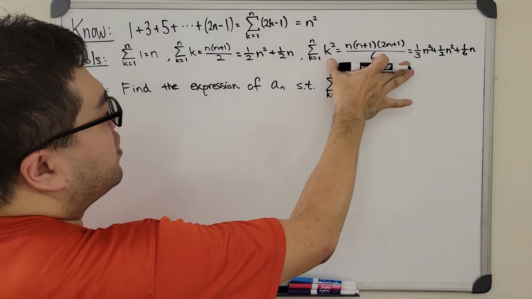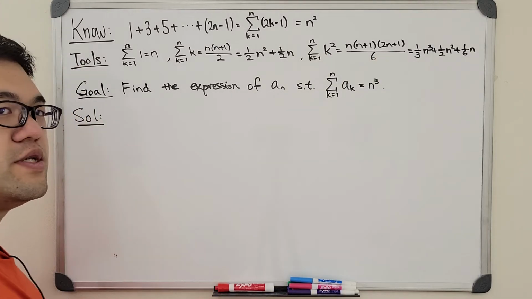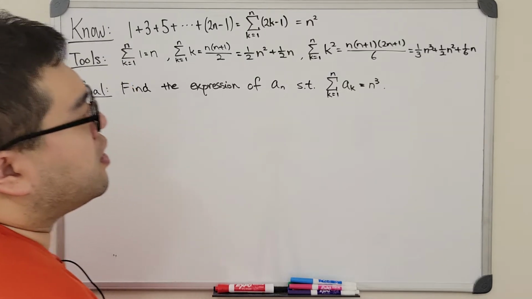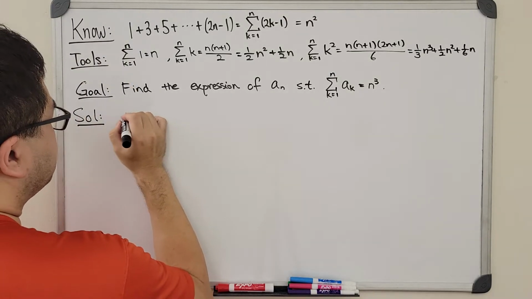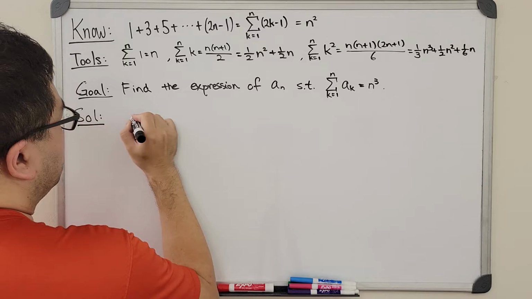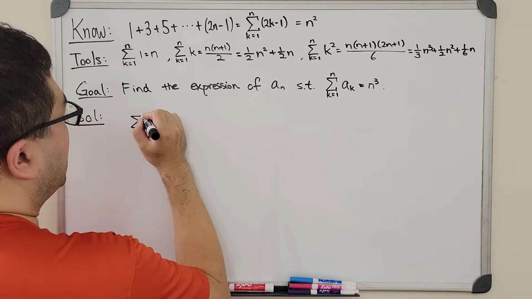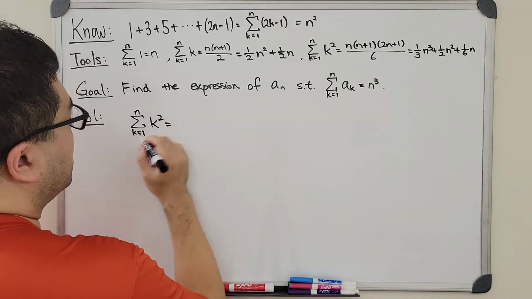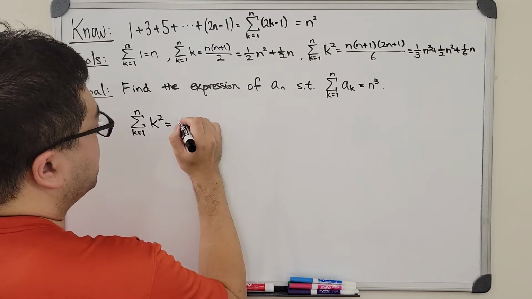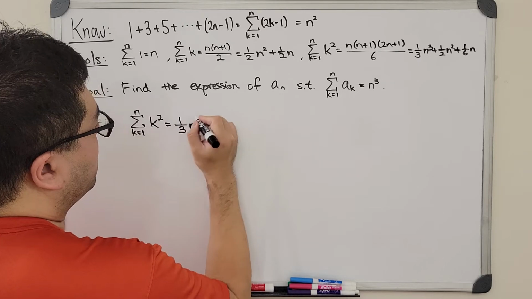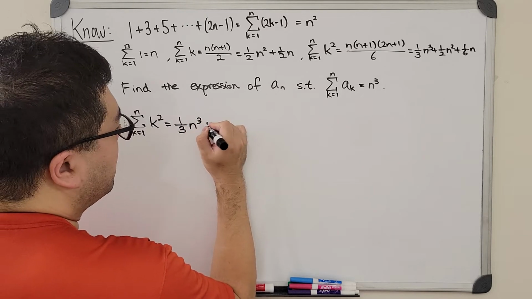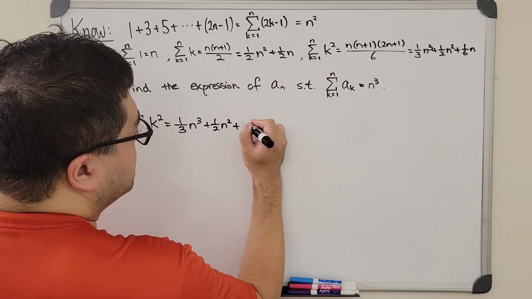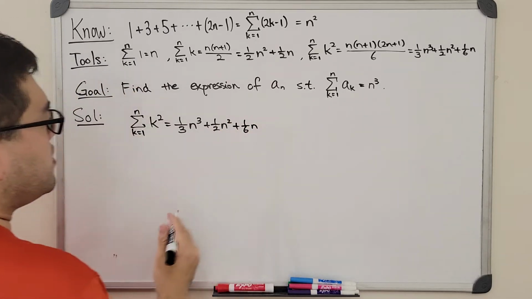So if we look at the third tool, which is the sum of the first n squares, from 1 all the way up to k squared, we have 1/3 of n cubed plus half of n squared plus 1/6 times n.